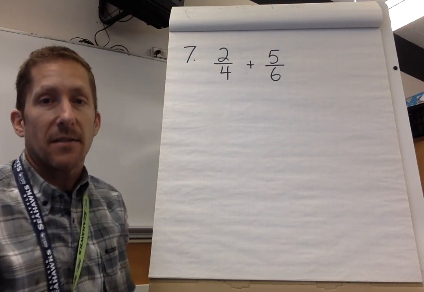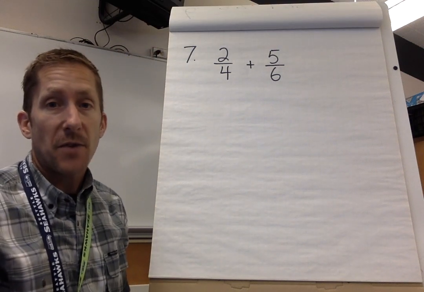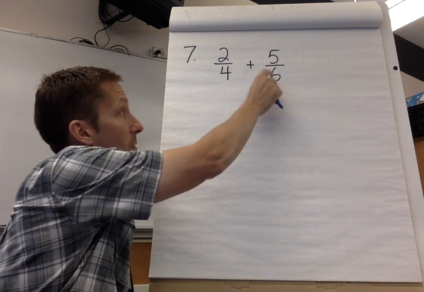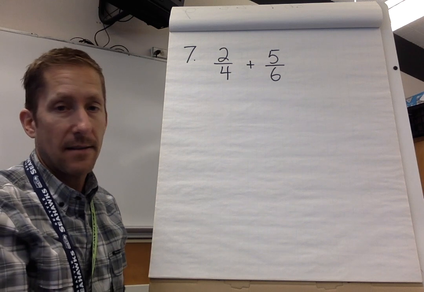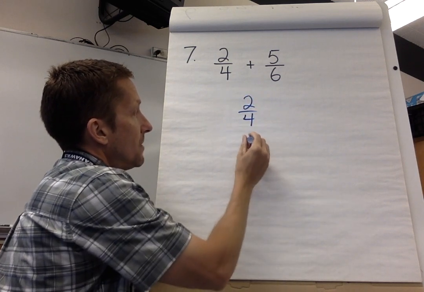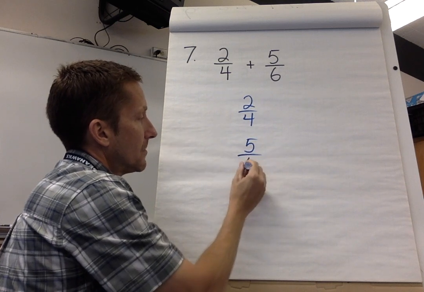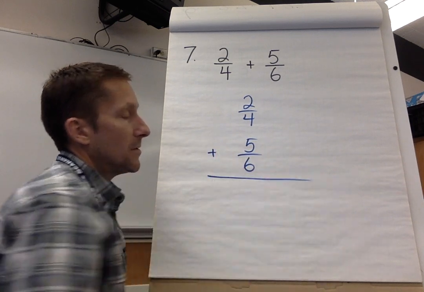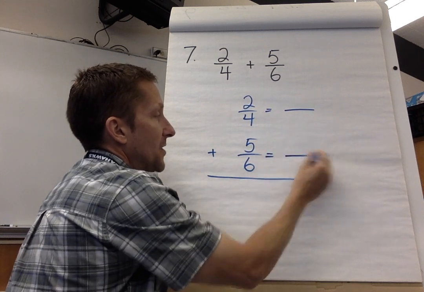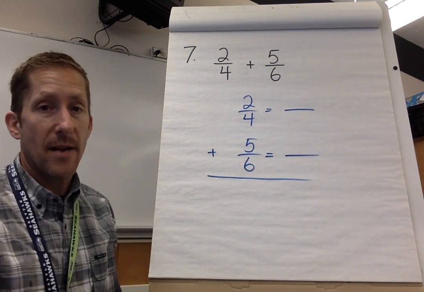Adding fractions. The big idea when you're adding or subtracting fractions is you have to get common denominators. This is a 4, that's a 6. They are not the same. I'm going to rewrite this problem so it's up and down, and I'm going to be changing these fractions so that they have common denominators.